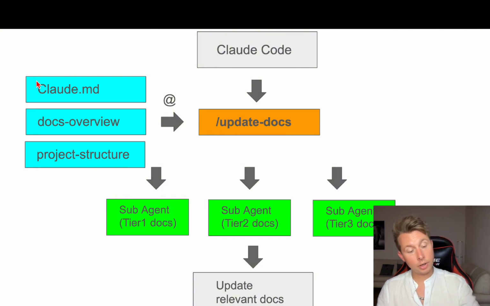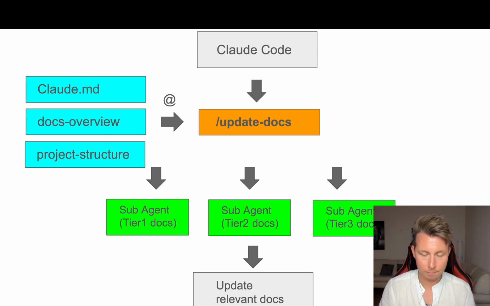It already knows, this is in my markdown file, to analyze the recent changes. It spins up sub-agents to check whether the current documentation needs to be updated. It comes back with the findings, and Claude Code updates the documentation. So we always have up-to-date documentation and we don't have to do it manually.